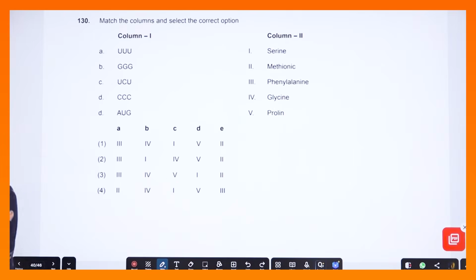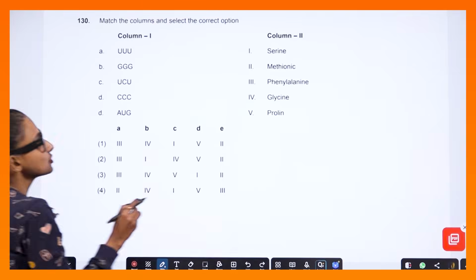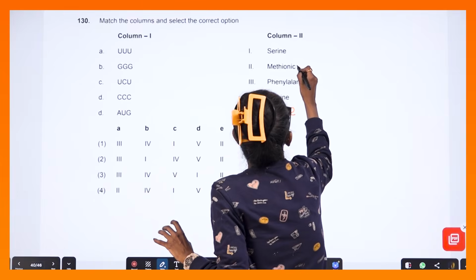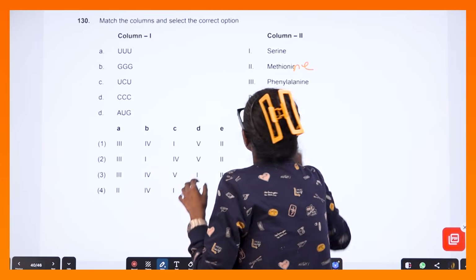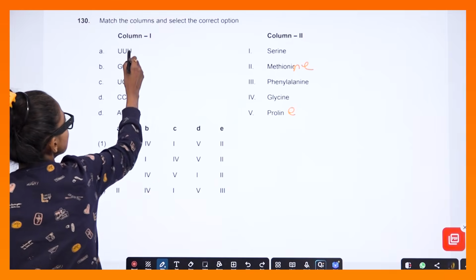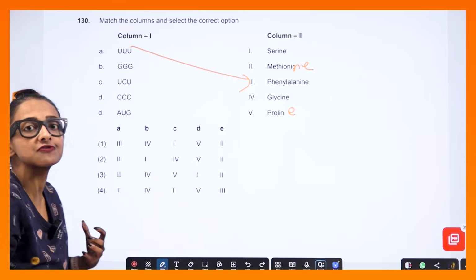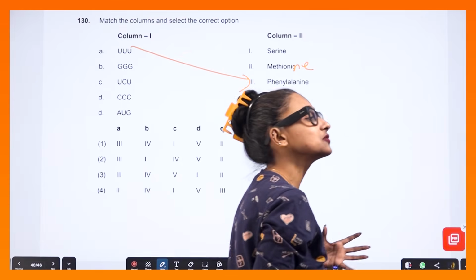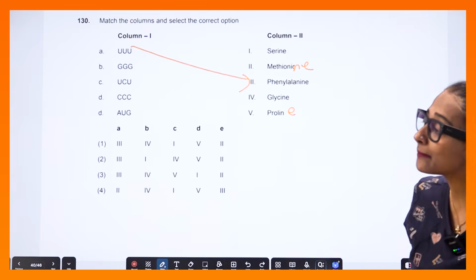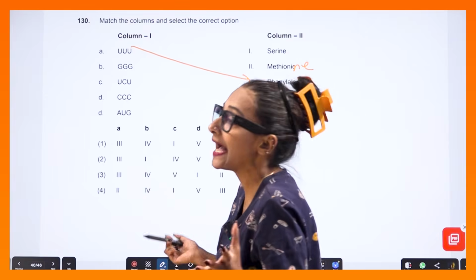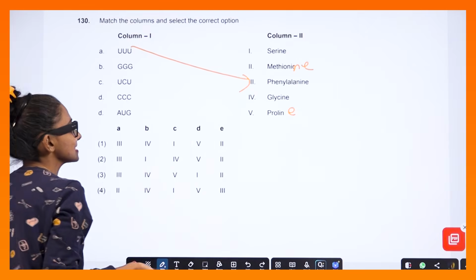Now we'll quickly try and do it. It is basically match the following. Let's quickly do it. This is proline, methionine, okay? Phenylalanine. I'm just trying to draw your attention to the fact that you need to remember at least some codons, the popular ones, and the amino acids which are synthesized by them.